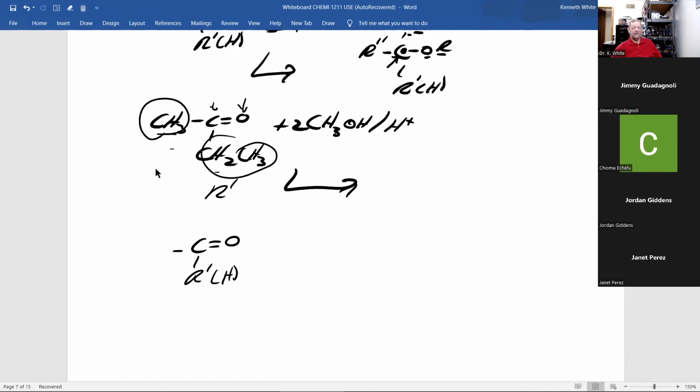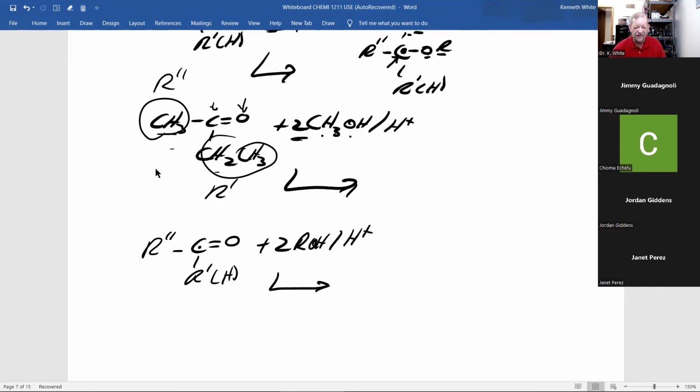I'll call this R double prime. And then, ooh, that's unusual. Number 2, carbon hydroxyl group. I'll again look for what's different than oxygen. And what do we get? An alcohol. And I have acid catalyst H+.